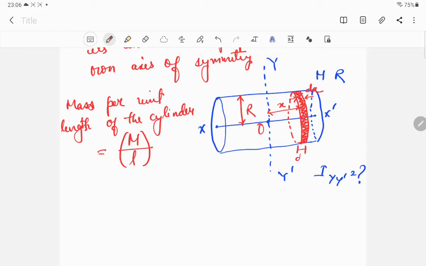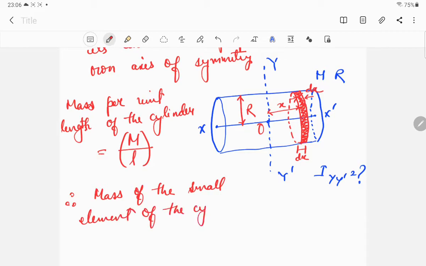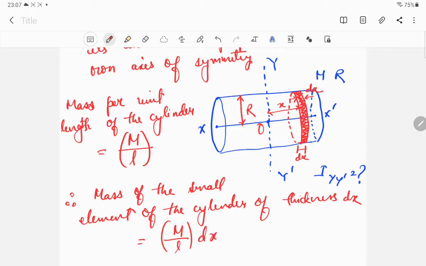This length is nothing but dx. Okay, so if I ask you what is the mass of this particular small element or small disk of thickness dx, then it will be, therefore, mass of the small element of the cylinder of thickness dx is equal to capital M by small l, and then we have dx.